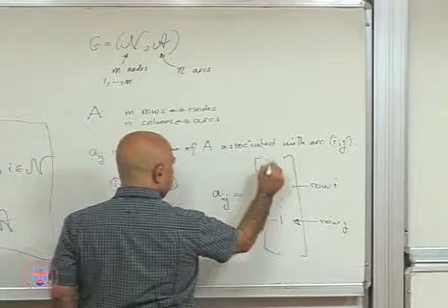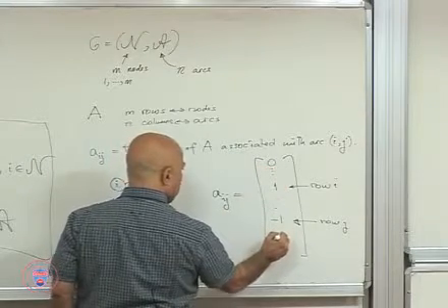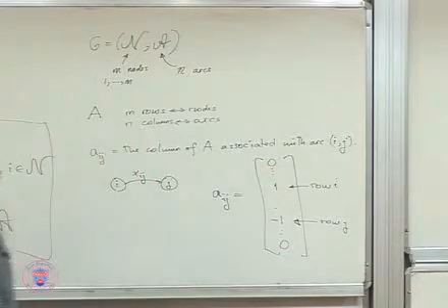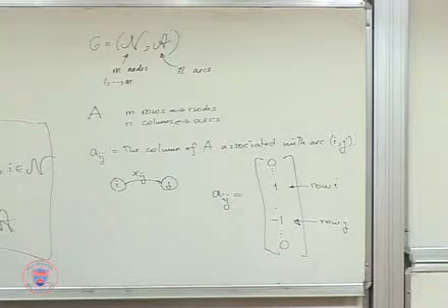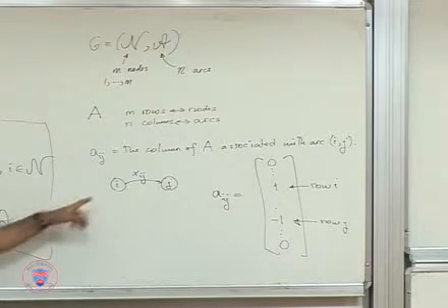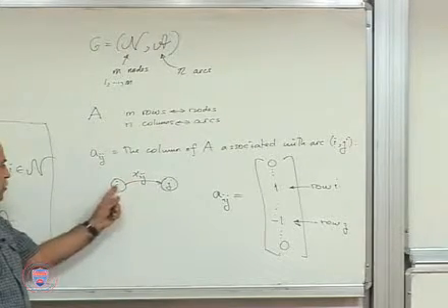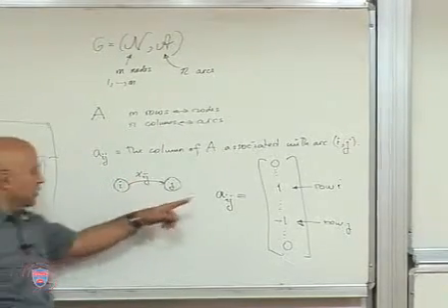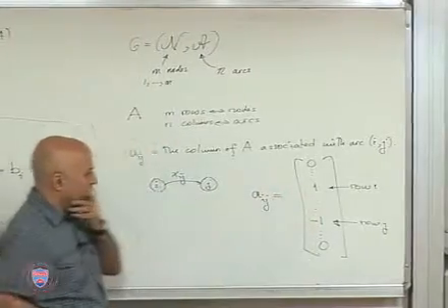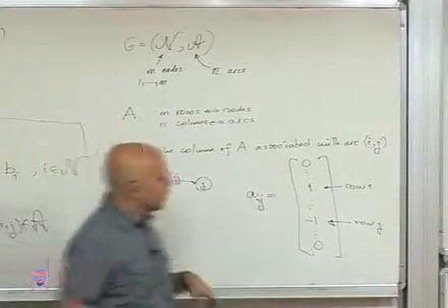Elsewhere, it's all zeros. In other words, it doesn't touch any of the other nodes. Arc ij touches only node i and node j, so it has only a +1 and a -1 in those proper positions.